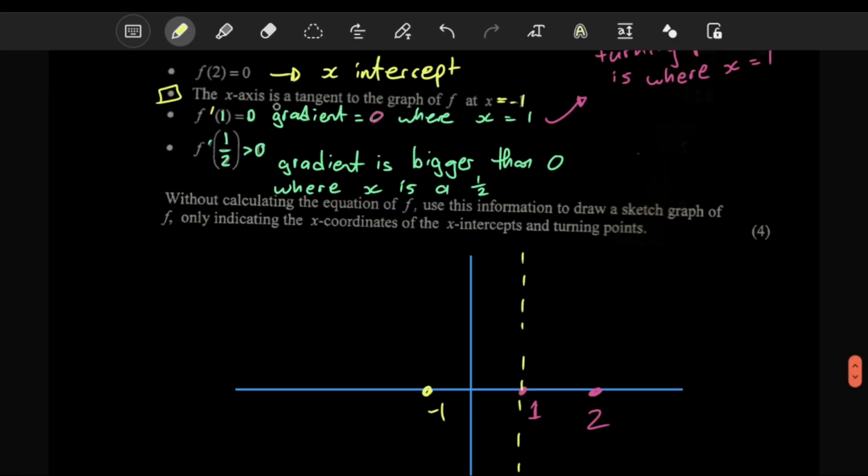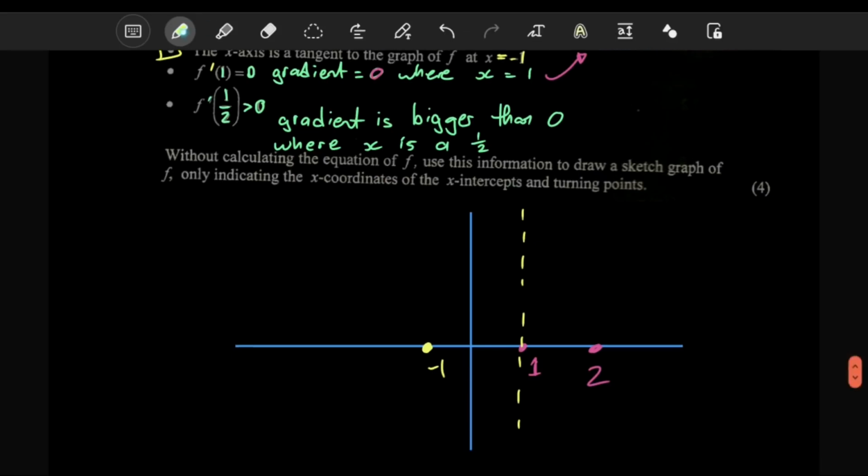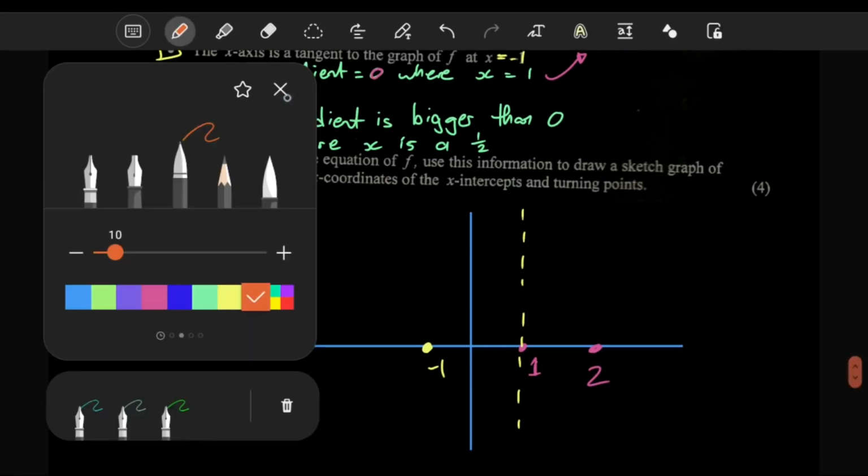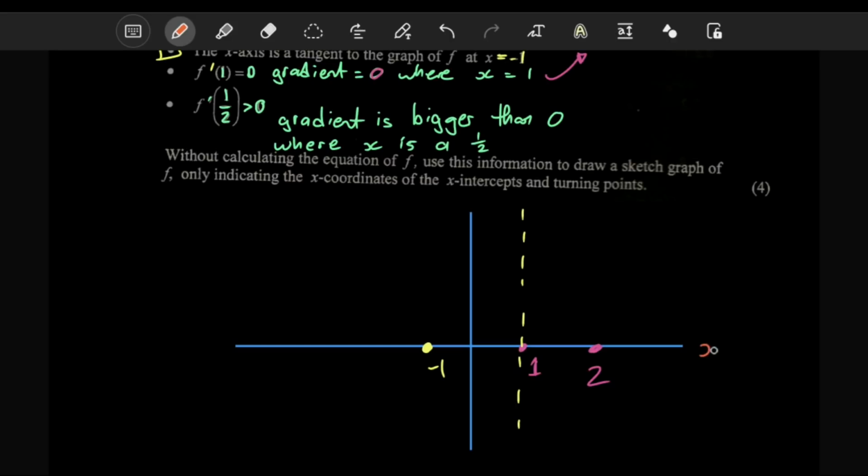They said the x-axis would be a tangent to the graph, meaning the x-axis would be a point that the graph would touch once. So we need to be careful here, because we might have a turning point here as well. I reckon the other turning point is over here, and we'll make sense of that just now.